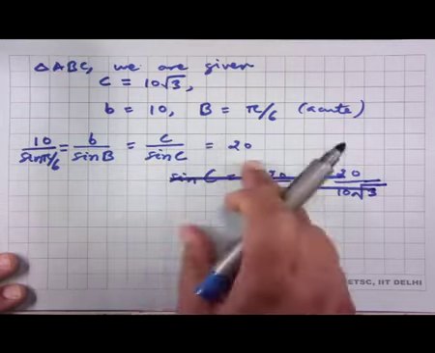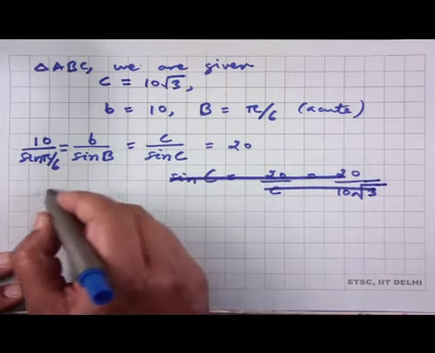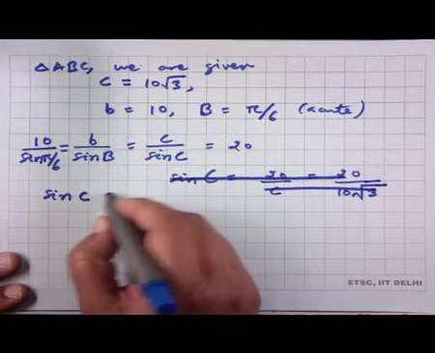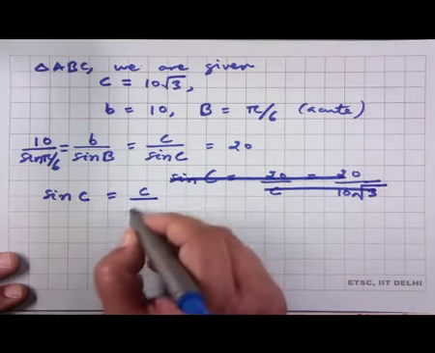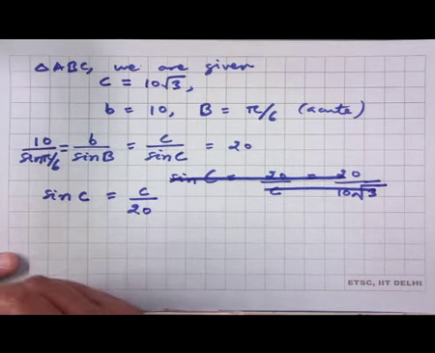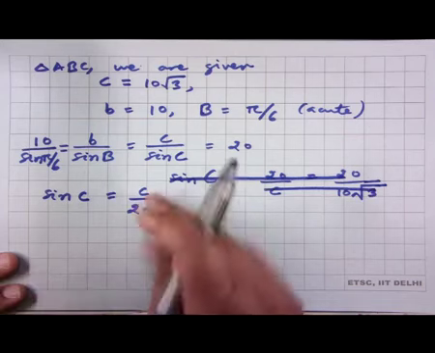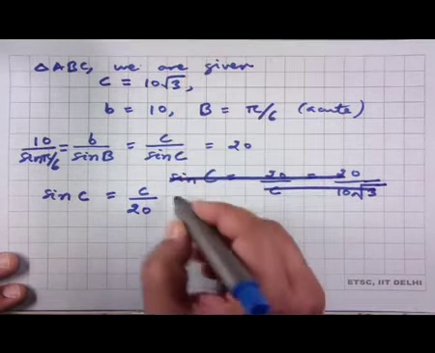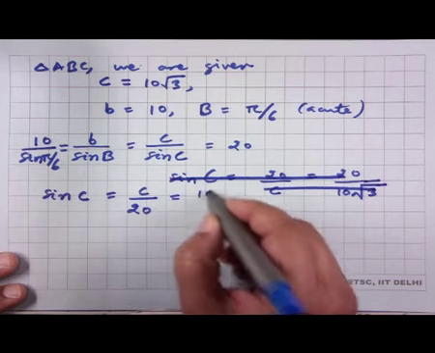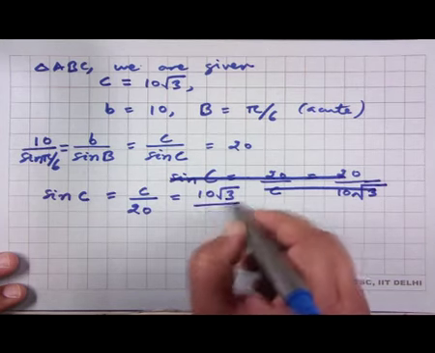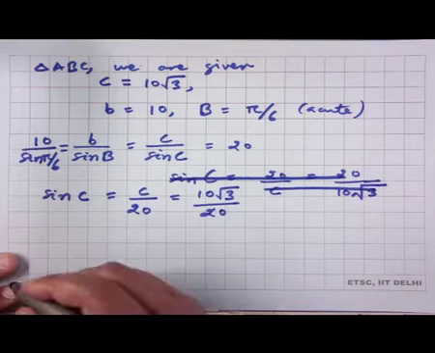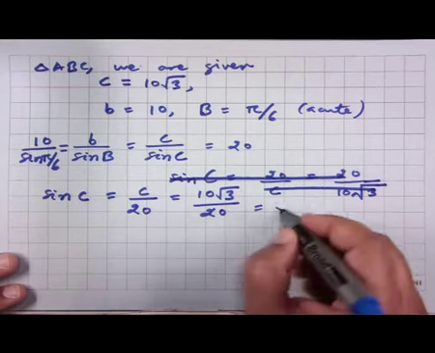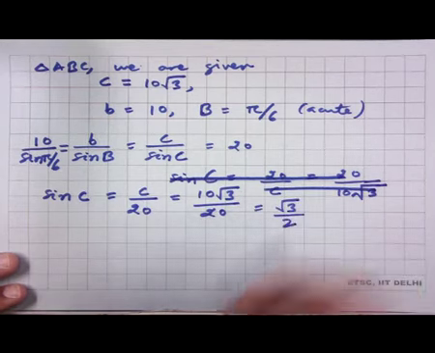So, from here we know that sine of C is c by 20. The length c is given to us, it is 10 root 3. Therefore, this is equal to 10 root 3 by 20, which is equal to root 3 by 2.